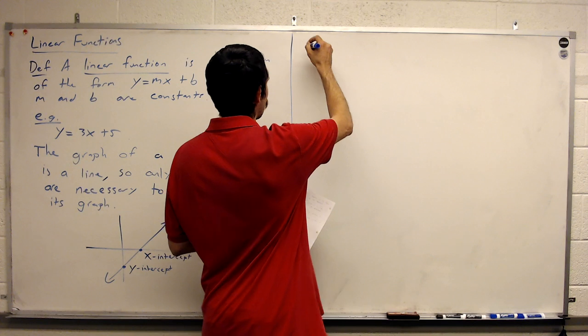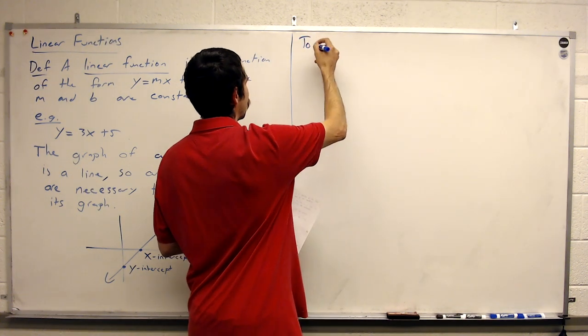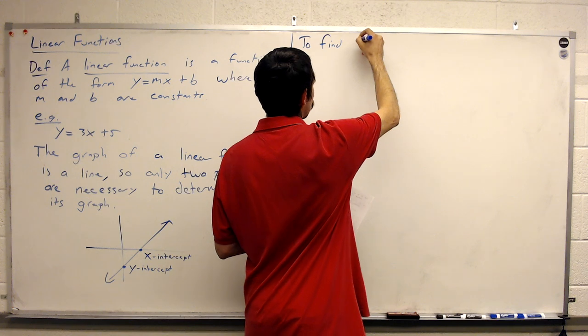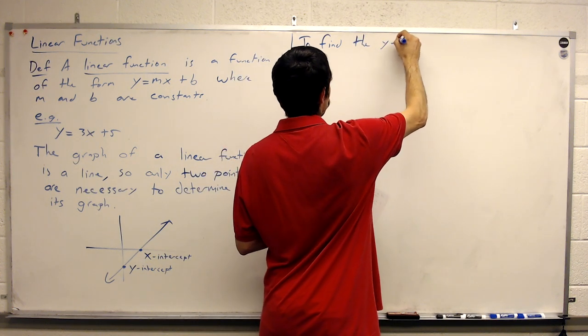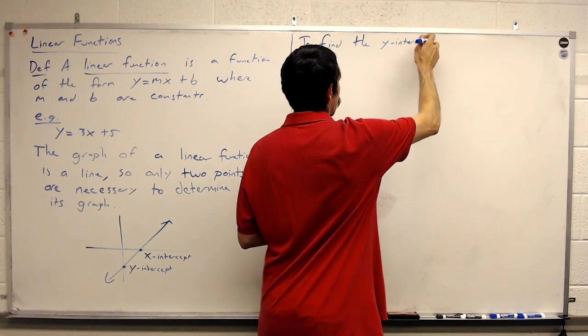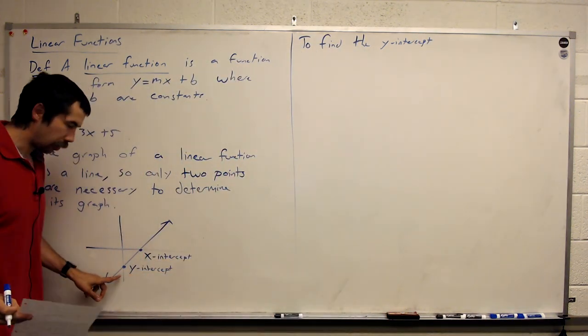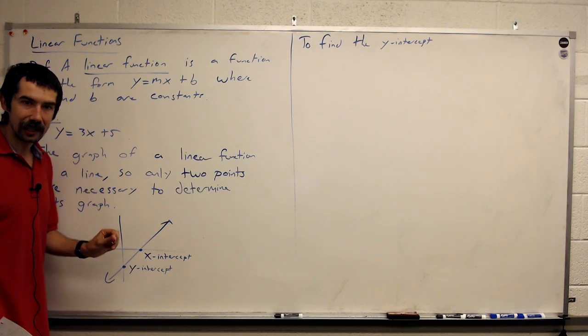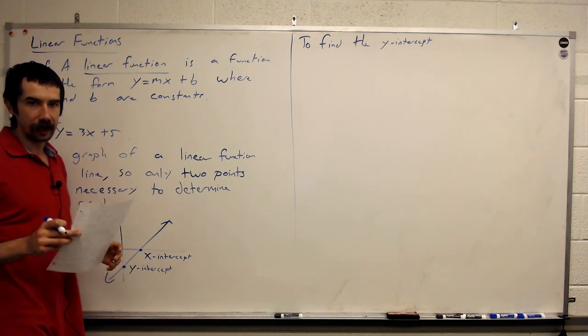So to find the y-intercept, or to find either of the intercepts, let's start with the y-intercept. This is when our x value is 0. So we're going to set x equal to 0 and solve for y.